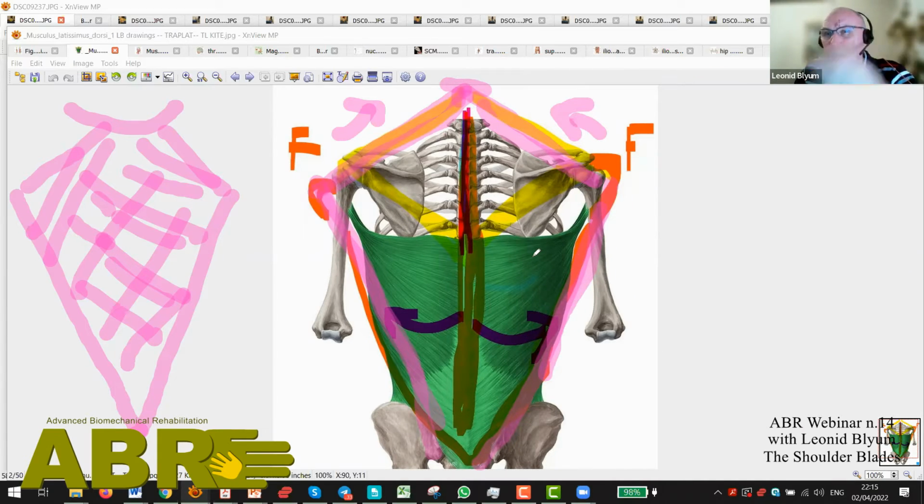You have to see two pictures there. On the one hand, the primary dorsal level, which is organized like this kite from the base of the skull all the way to the sacrum, of which the most known subsets are the trapezius and latissimus dorsi.